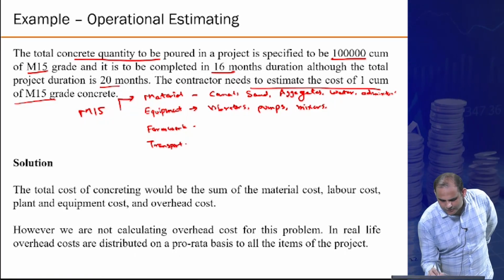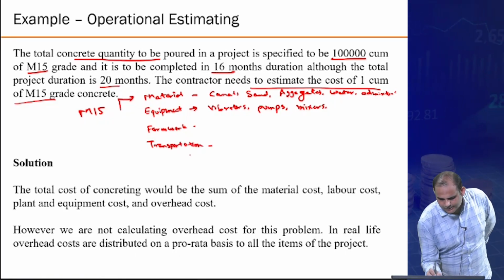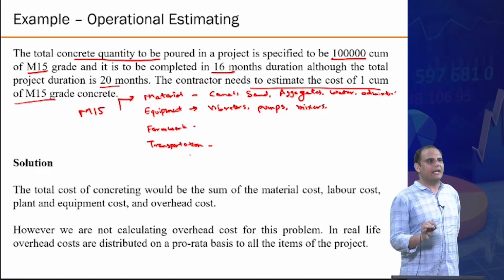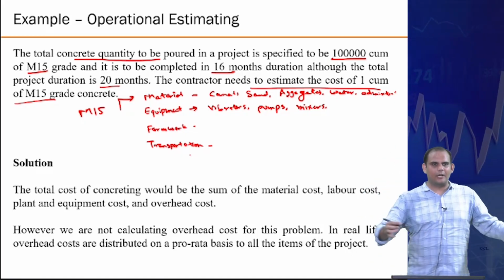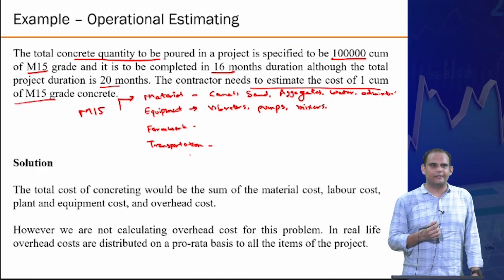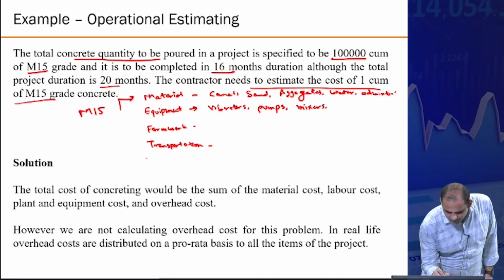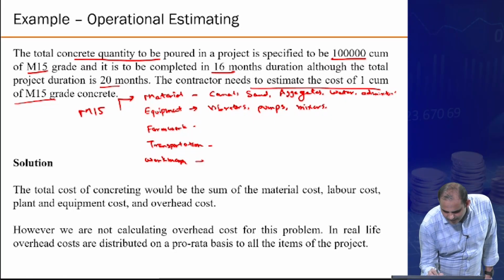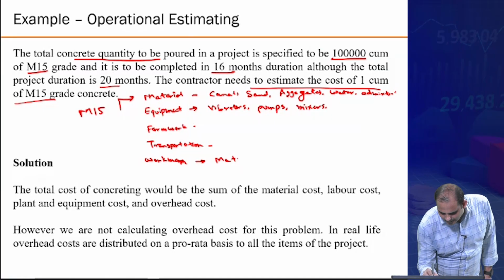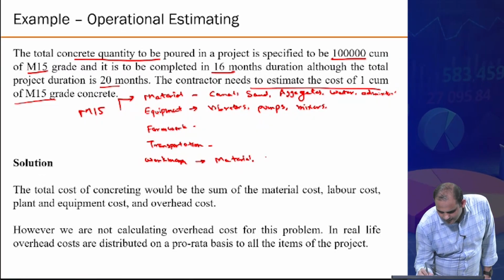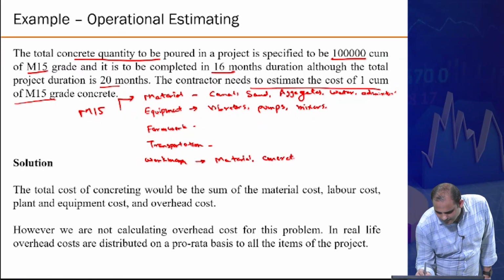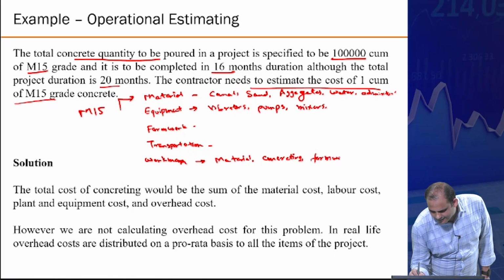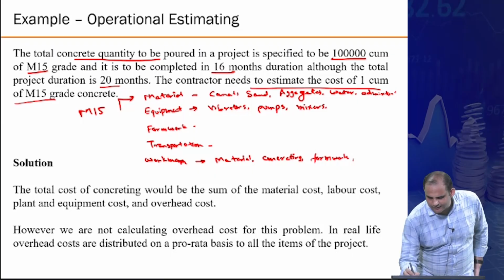That depends upon whether you are using a ready mix concrete plant or not. But at the same time, even if it is an RMC plant, at the site, local transportation has to be taken care of, right? What else? Workmen for what? Workmen for material shifting and concreting and formwork placing and curing.